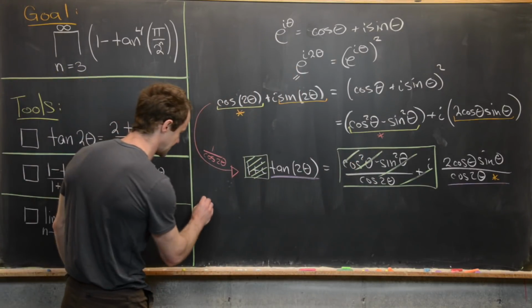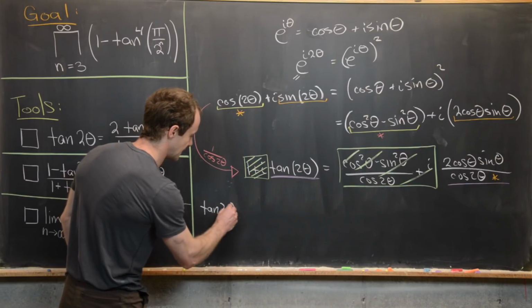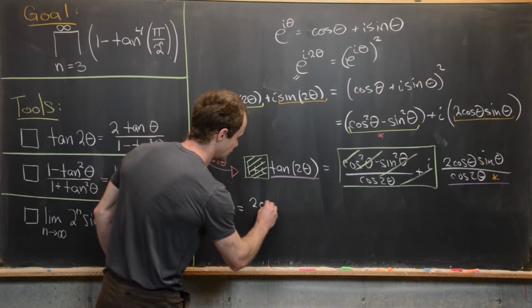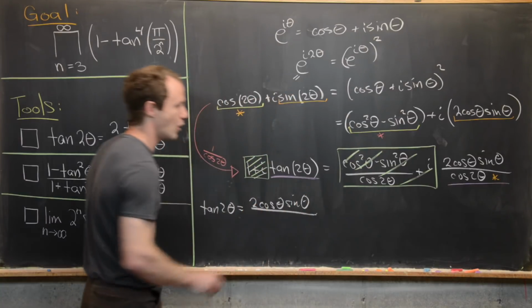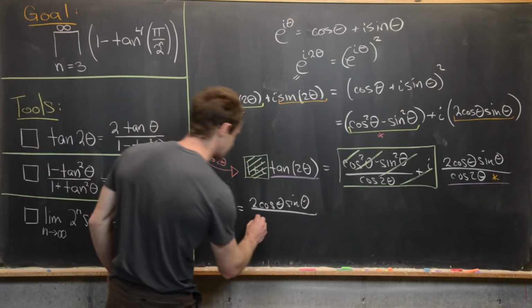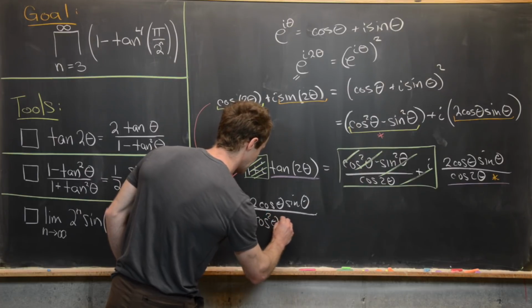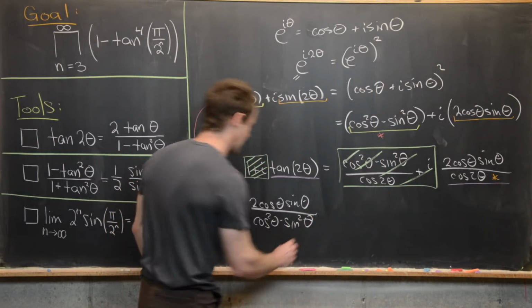Okay, so let's see. That's going to give us tangent 2 theta equals 2 cos theta sine theta over, so now we can rewrite this as cos squared theta minus sine squared theta.